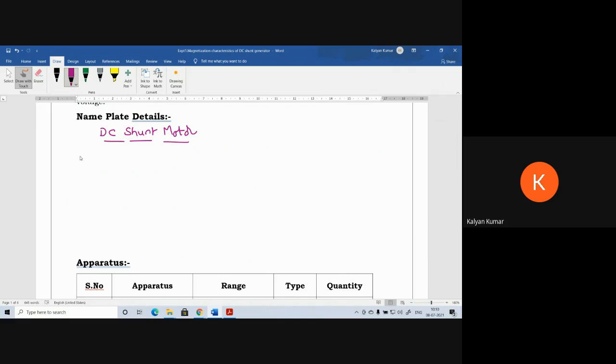For the shunt motor, the HP rating is 5, the voltage rating is 220 volts, the line current rating is 19 amps, the field current is 1 amp, and the speed is 1500 rpm. Now coming to the nameplate details of the DC shunt generator that we have in our lab to do the experiment.